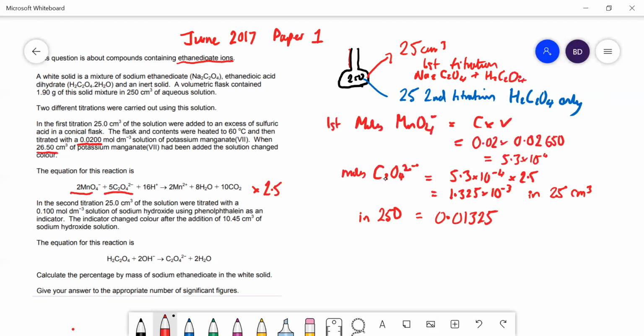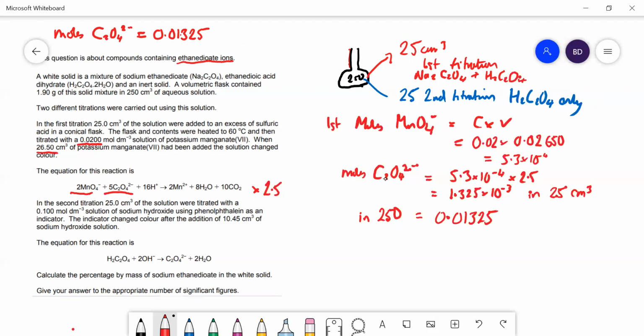I'm going to write that up at the top, because we're going to need it later on. Moles C2O4, so that's the acid and the sodium salt, is equal to 0.01325. That's the total moles of ethane dioate ions we've got.